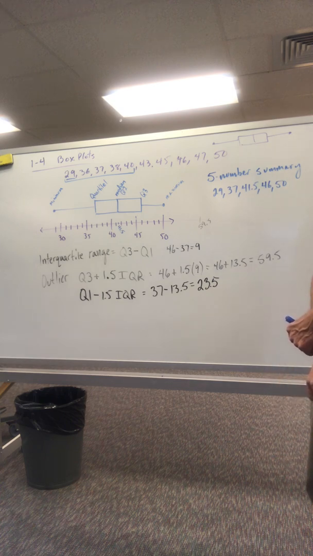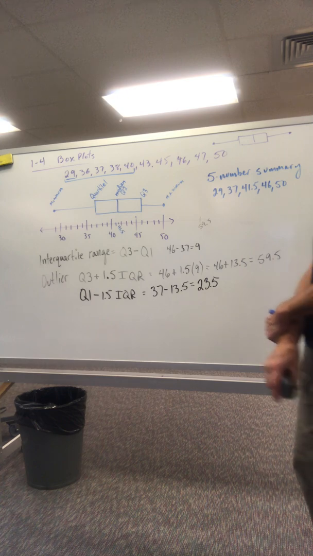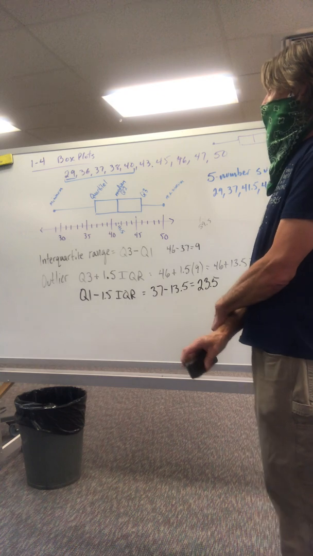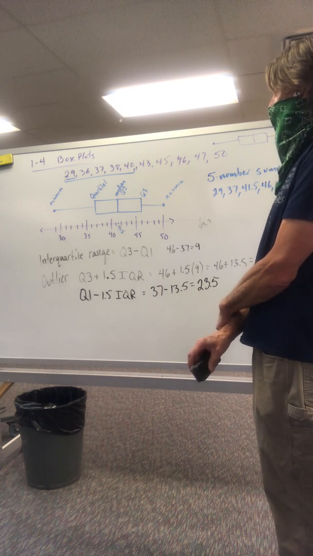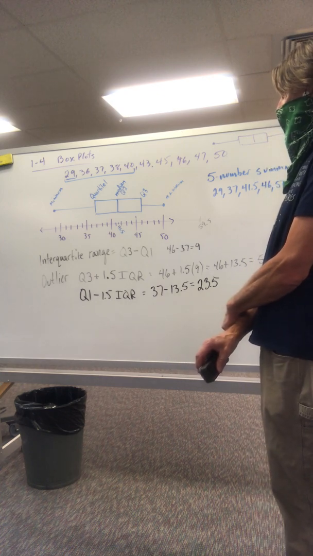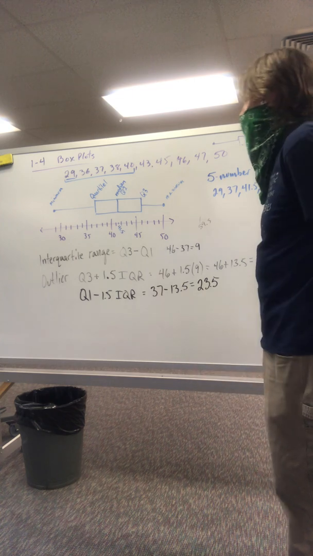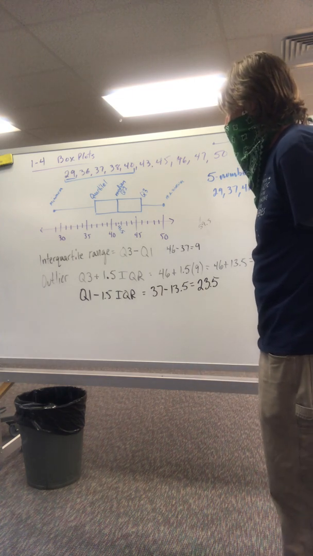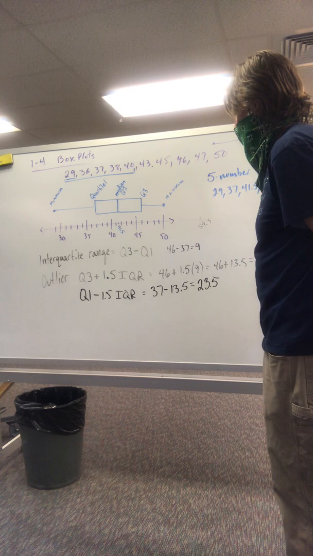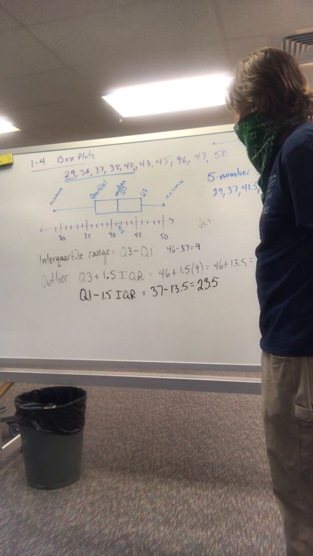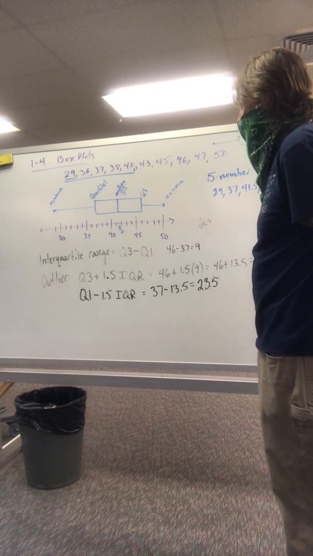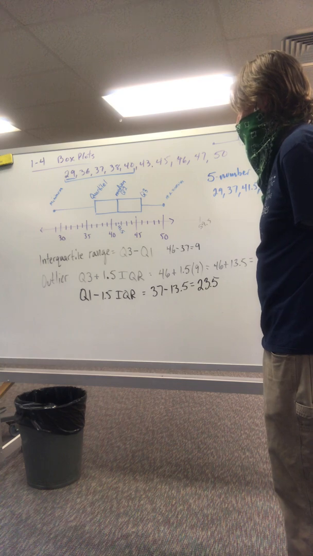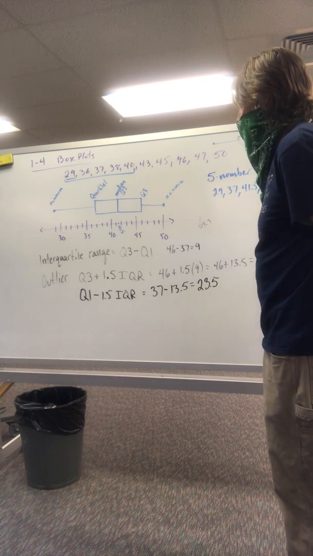Where are you at with that? I get it. I'm trying to conceptualize, it seems like another way to find an outlier is to take the interquartile range, multiply it by 2, and go in either direction.